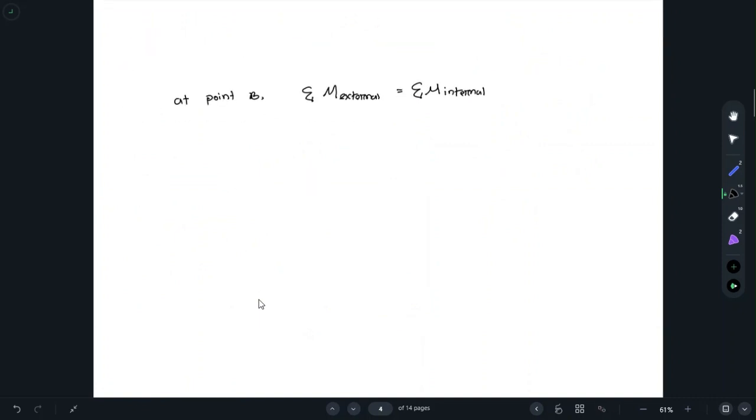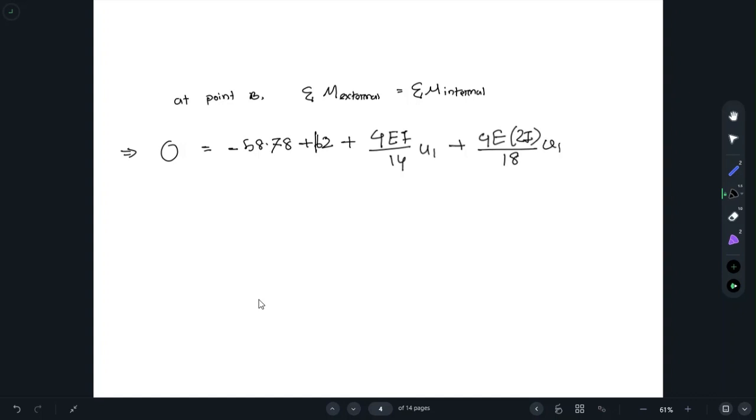So our external moments is zero, and internal moments are minus 58.78 plus 162 plus 4 EI over 14 Doki plus 4 EI over 18 multiplied by the Doki e1.